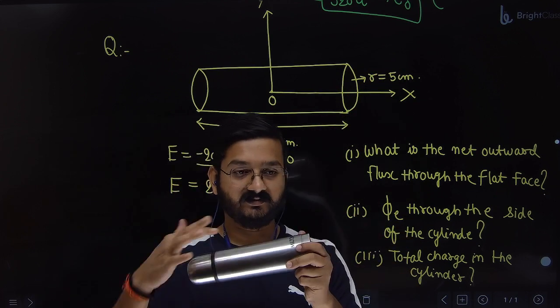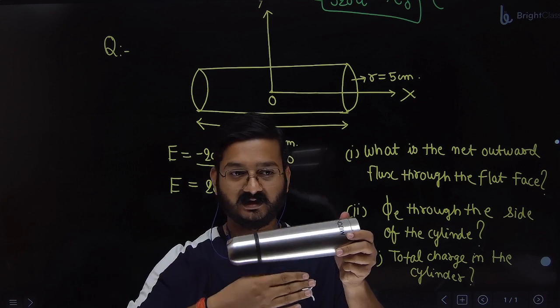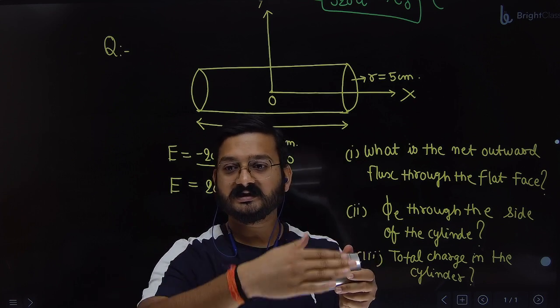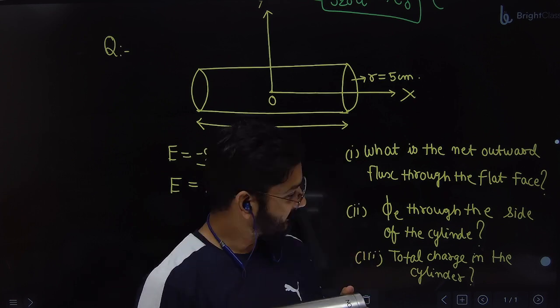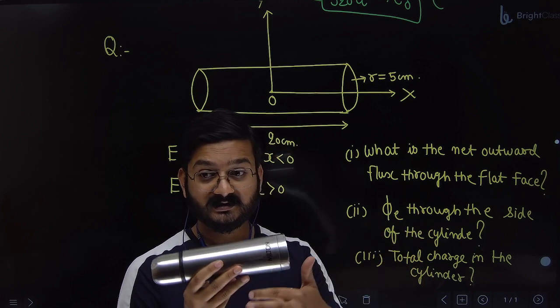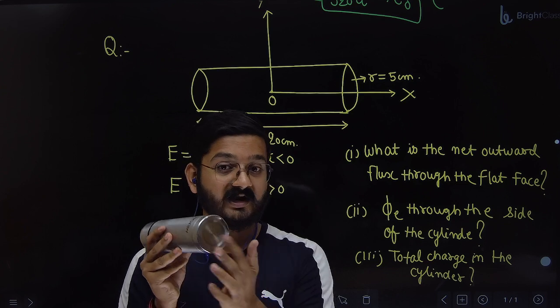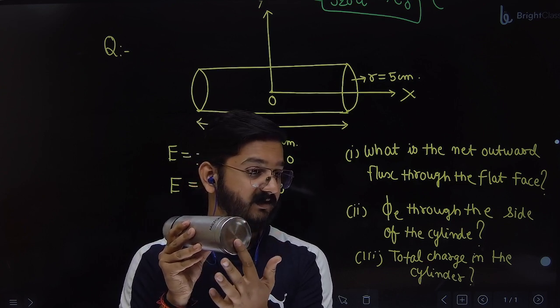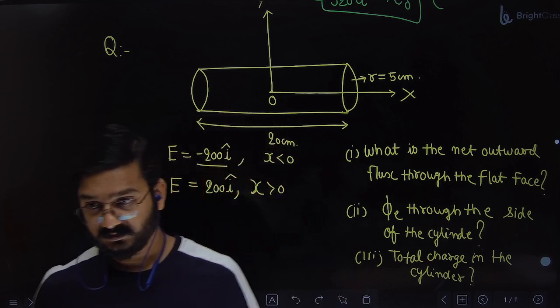Side means the curved surface. Sometimes they write the curved surface of the cylinder, sometimes they write side. Flat face means this completely flat, circular surface. Is the meaning clear?